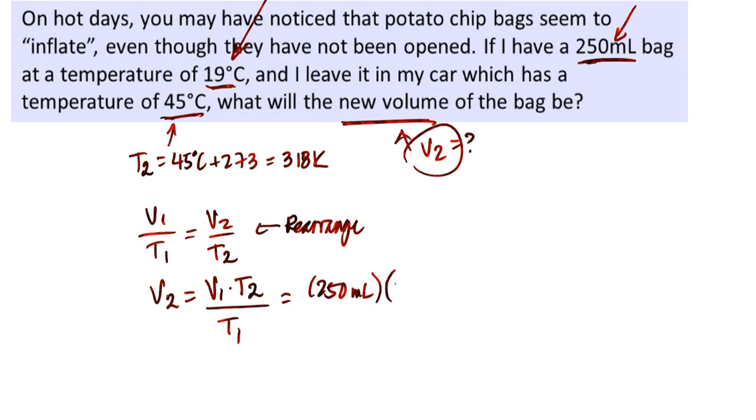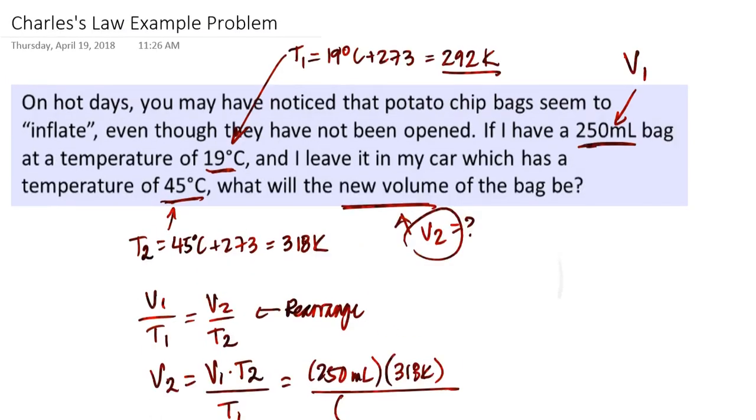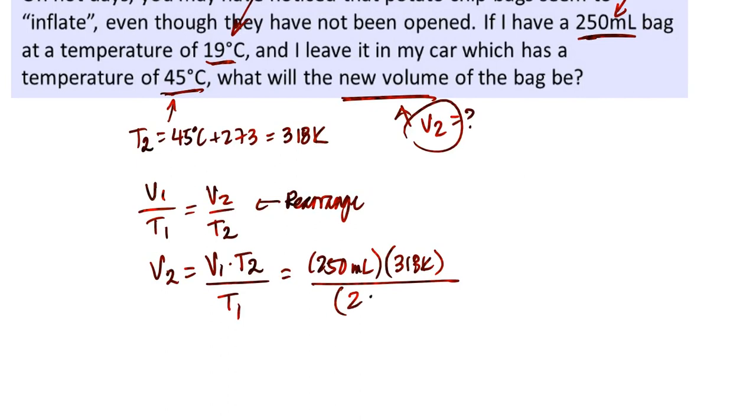My T2 was 318 Kelvin. And my T1 was 292 Kelvin. So I'm going to go ahead and run the calculation. That's 250 times 318 divided by 292. And I end up getting 272 milliliters. Notice that my Kelvin units cancel.